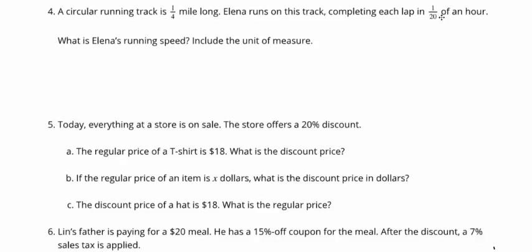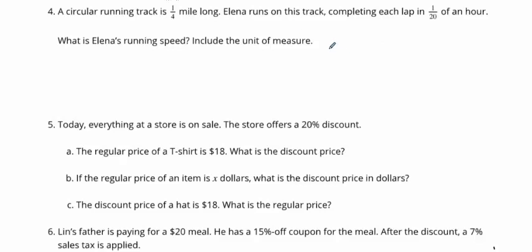When you think about speed, a common unit is miles per hour, and since we have miles and hours, those might be good units to use. So let's find how fast Elena runs in miles per hour.